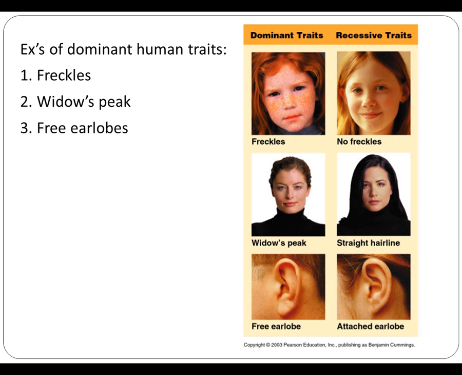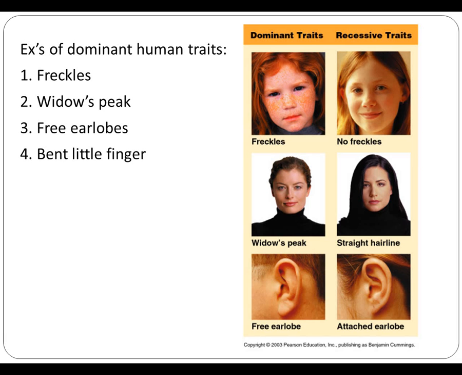Your earlobes, whether they're free or attached. Okay, so the free earlobes would be the dominant. So you can do a very simple genetics study by looking at your parents and your earlobes, or look at your mother and your alleged father, and then your earlobes to see if it makes genetic sense.